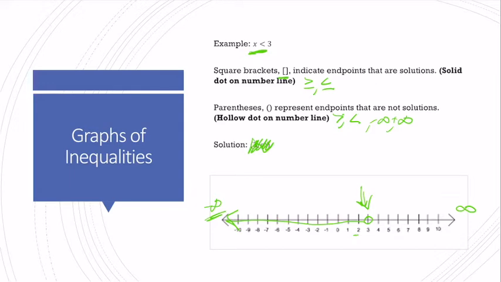So if I wanted to write this as an interval, I would go from negative infinity, we read from left to right, negative infinity, all the way to 3, parentheses. This would be in interval notation.